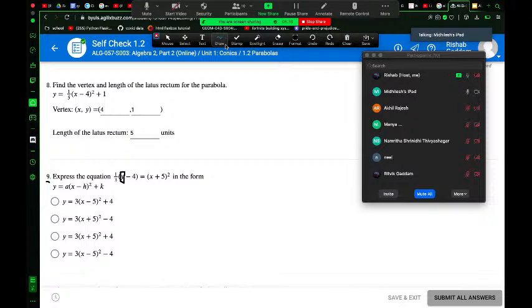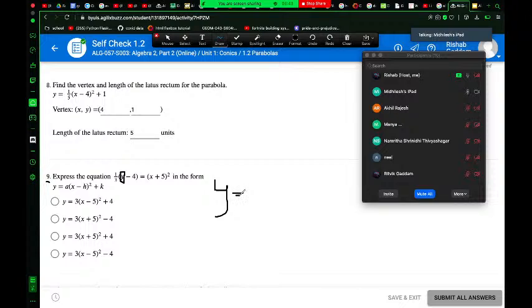The y would be equal to 5. So it's supposed to look something like this. See, this is a multiple choice question, so it's a little bit easier. So it would be y equal to 3 times something plus 5.